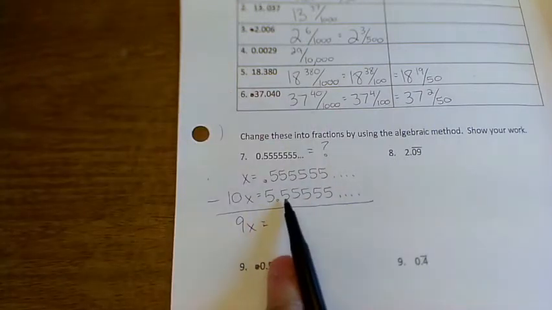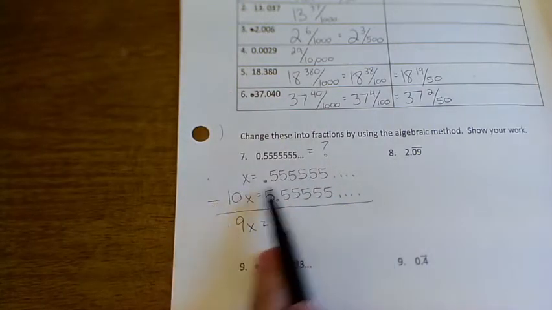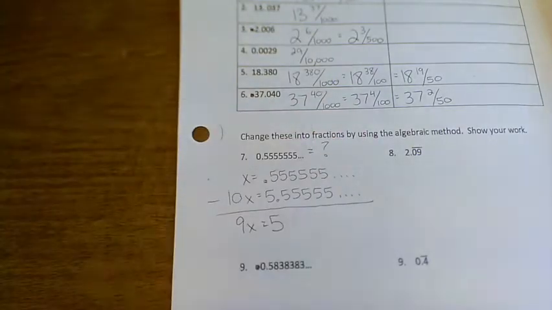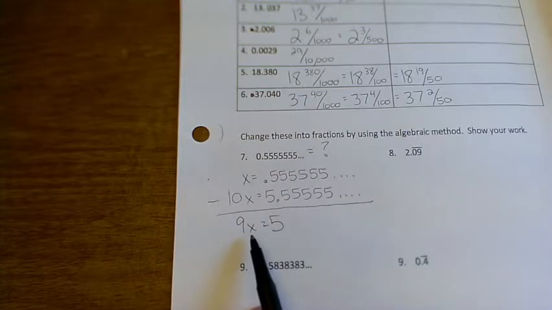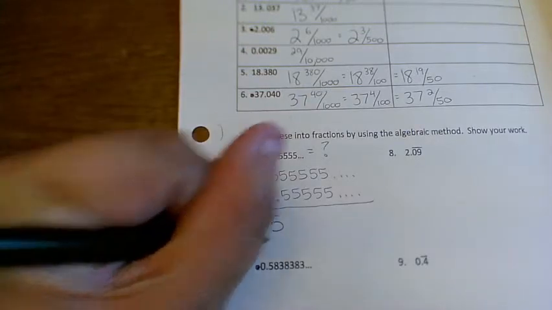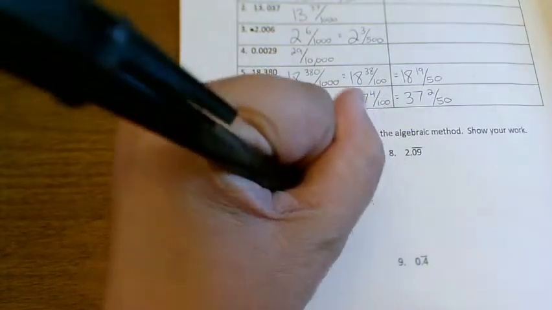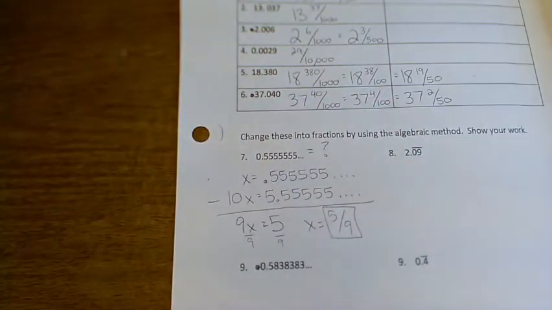And then 5.5 repeating, if you subtract off the 0.5 repeating, all you are left with is 5. So if you solve for x, divide both sides by 9, you will get the answer. The mystery fraction is 5/9, which is, again, what I said earlier if you remember those rules.